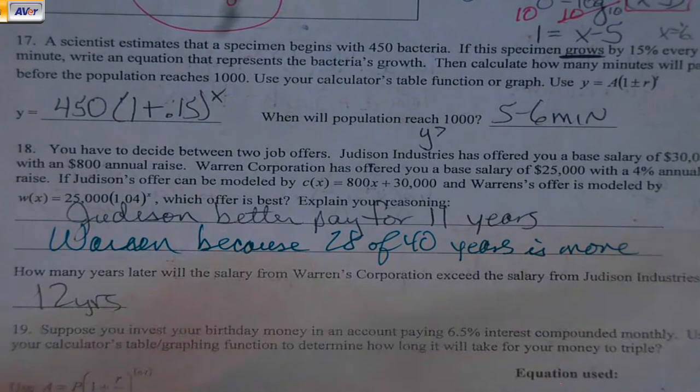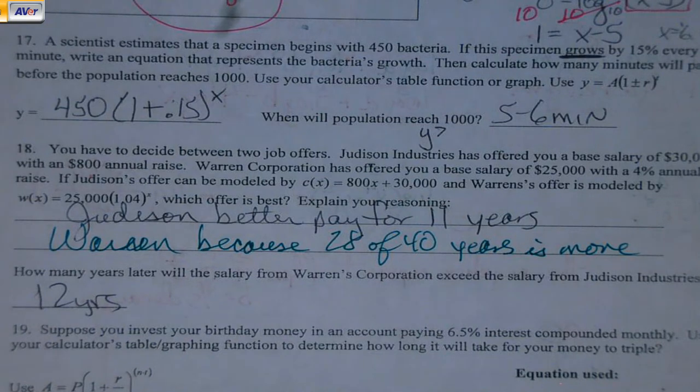It depends on your outlook. Are you looking long-term or are you looking short-term? You got to make that decision, but I've got to have some number reasoning behind it. Okay? Either one works, though, with an explanation.